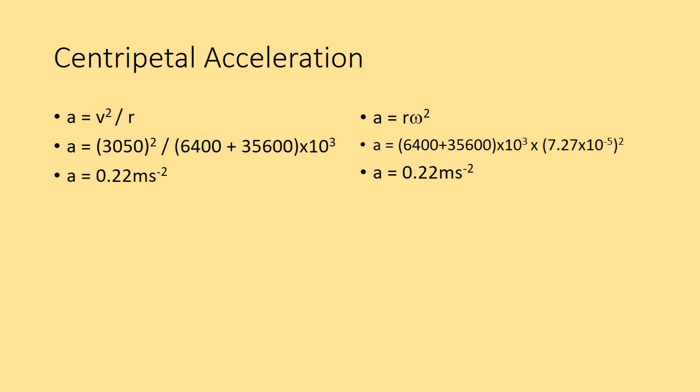Now, I hope you can appreciate that we've discussed things going around in a circle, and we've said that the velocity is changing direction at all times. And because the velocity is changing direction at all times, that means that there is an acceleration. We have changed the velocity. At any point in a circle, we can break down the components of the velocity, and we will always find that the acceleration acts towards the center of the circle.